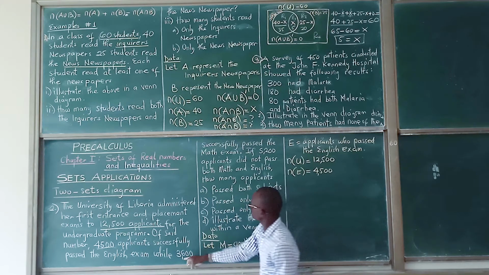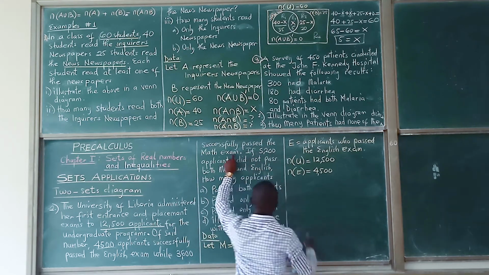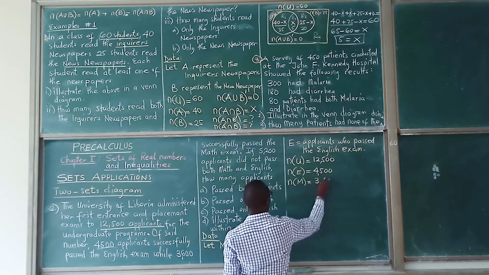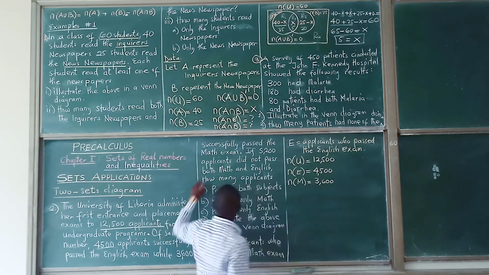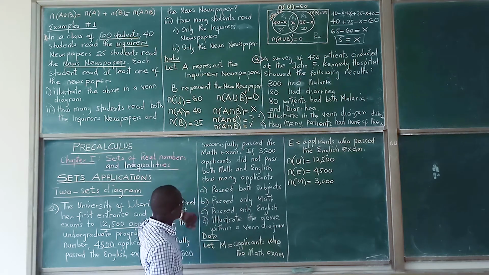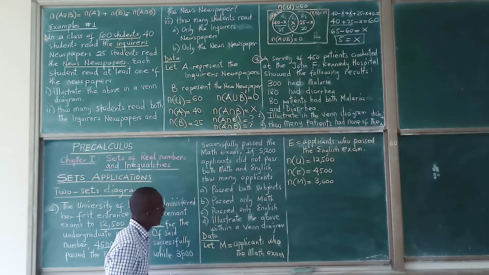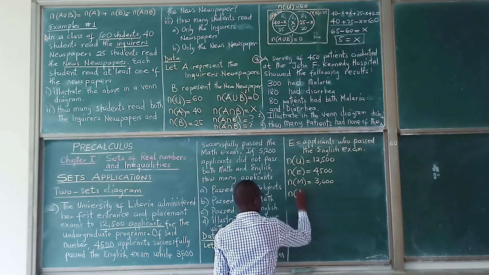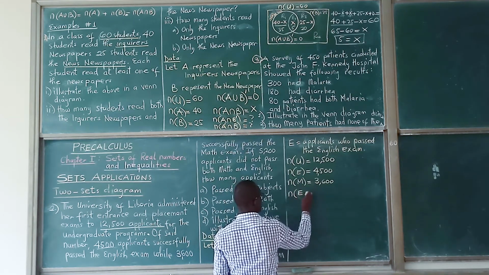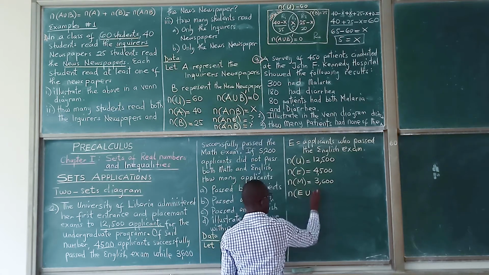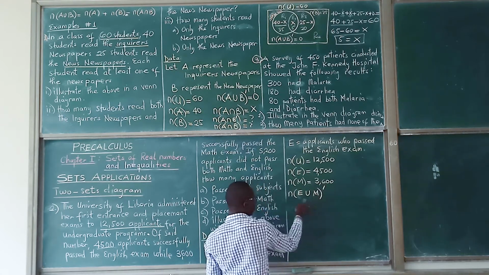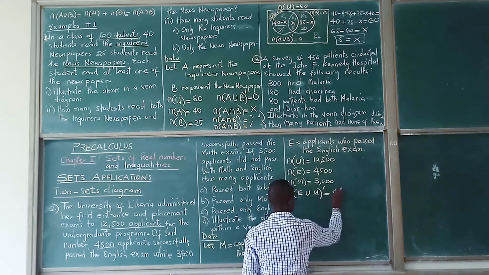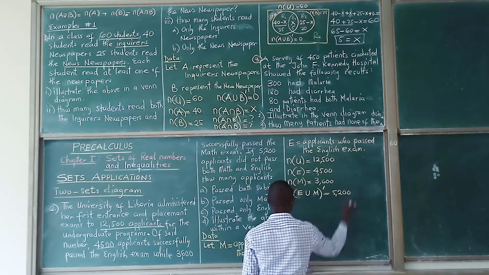And 3,600 successfully passed the math exam, so the number of students that passed math is equal to 3,600. 5,200 applicants did not pass math and English, that is to say, the number of students outside the union of English and math, those who did not pass English and also did not pass math, is equal to 5,200.